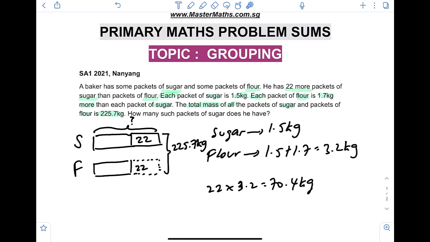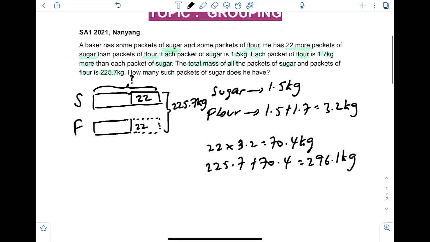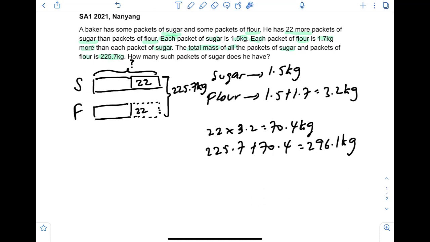So what we do is we take 225.7 plus 70.4, which will give us 296.1 kg. Now that 296.1 kg represents an equal number of flour packets and its original sugar packets as well.